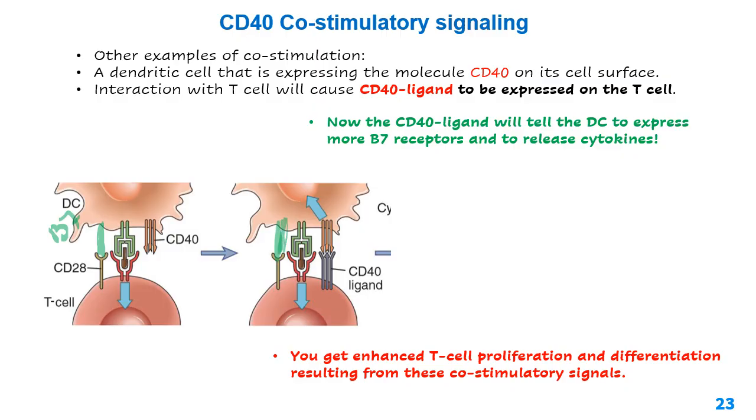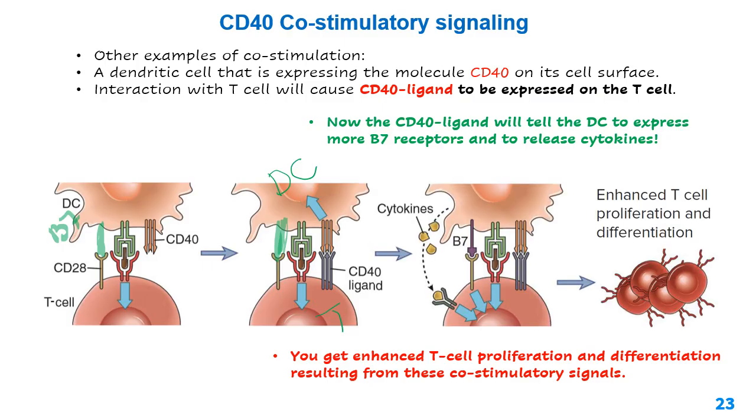Now you are going to get further signaling of receptors, cytokines, through interaction of your dendritic cell with your T cell, through other receptors that are going to upregulate more messages.